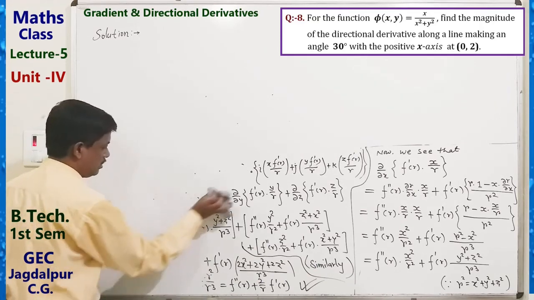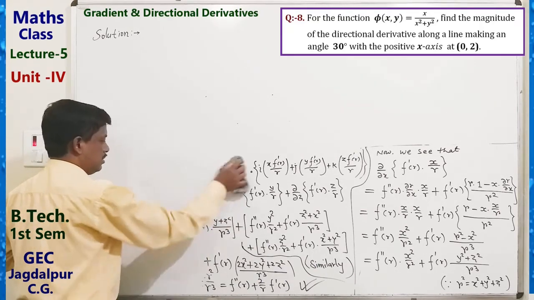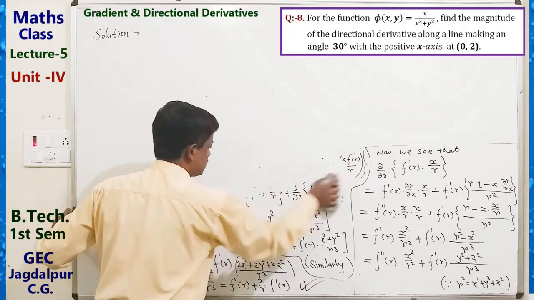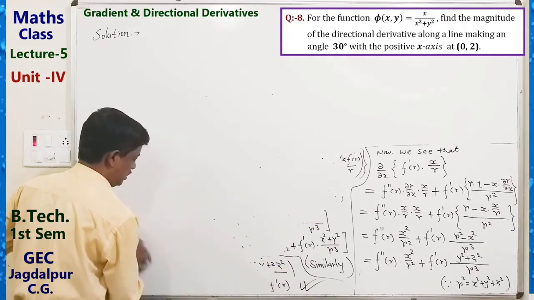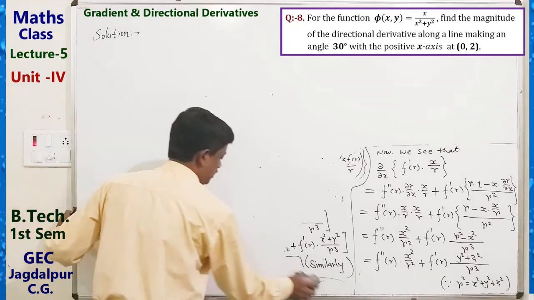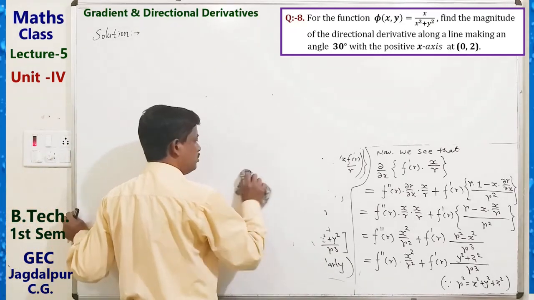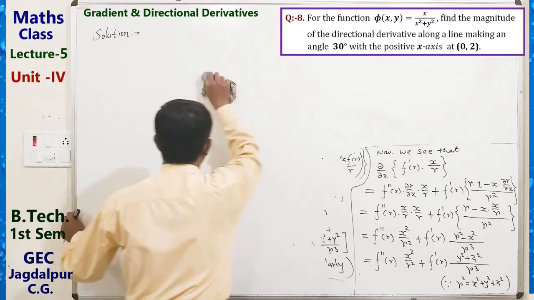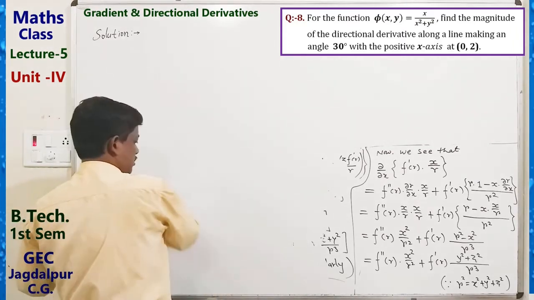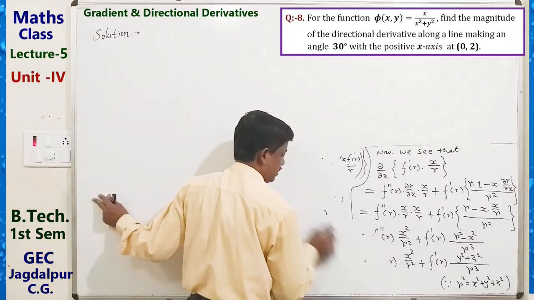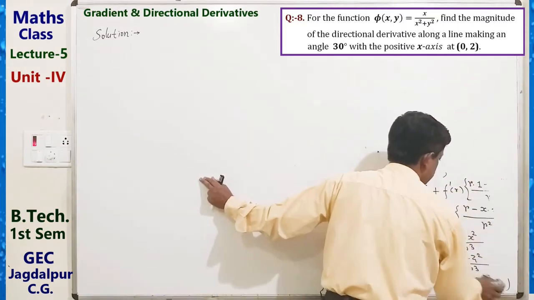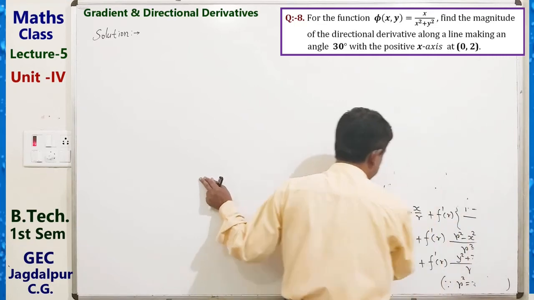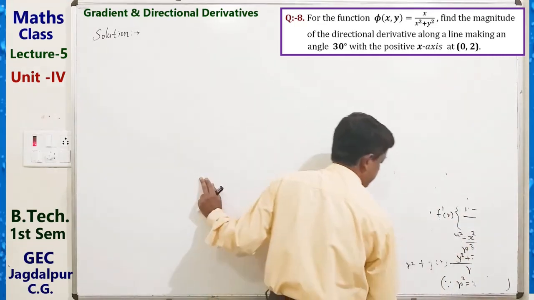So a cap is what? The unit vector in the direction of inclination 30 degrees with the positive x-axis, that is a unit length vector. So we have to find the unit vector in the given direction. For that we will draw the diagram in a 2-dimensional figure, so we can see what the unit vector a cap will be.